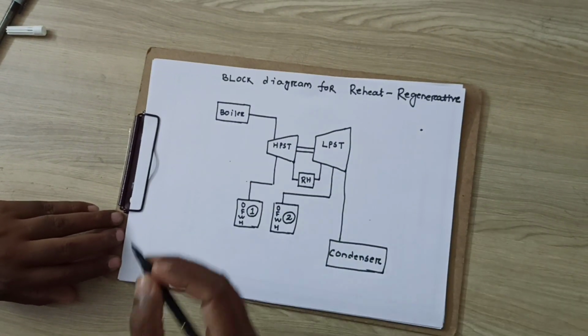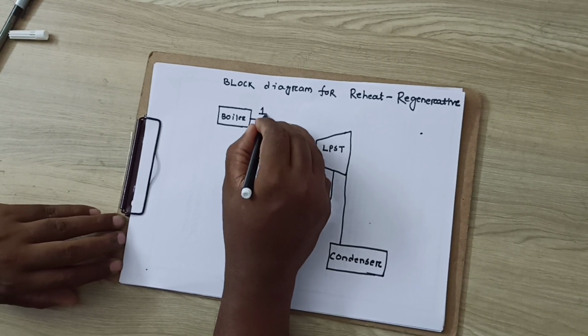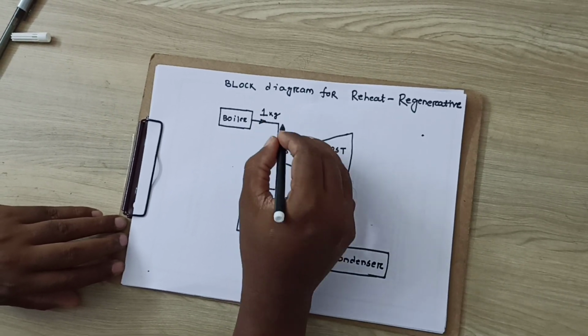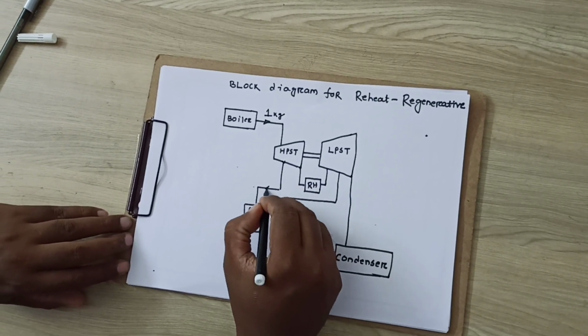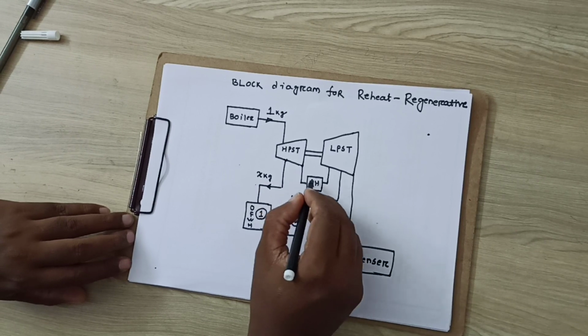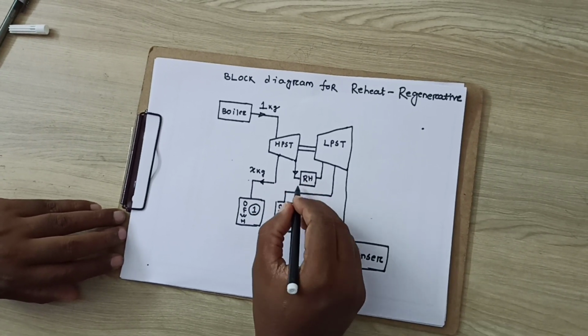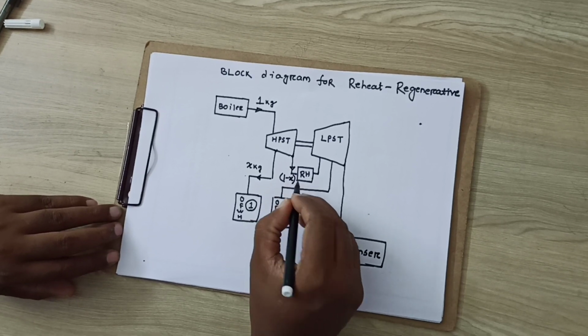Okay, about the mass fractions I am telling: for a unit mass of steam flow, let it be 1 kg here. Then at this portion we will bleed out, let it be x kg of steam. And the rest going to this reheater is 1 minus x kg.